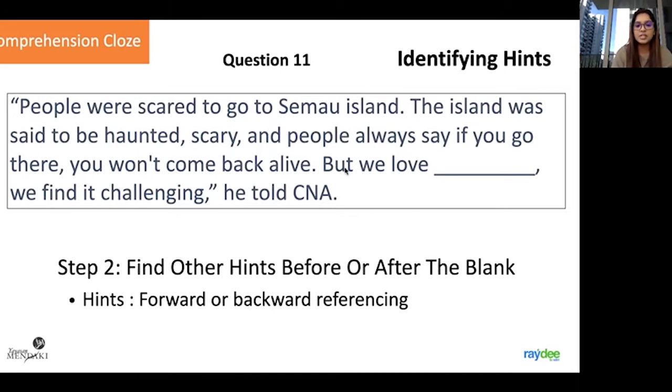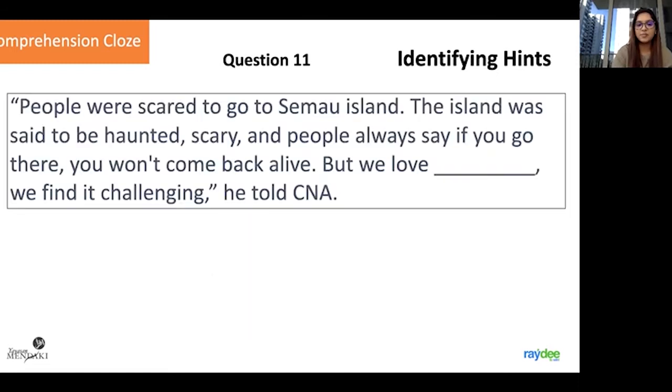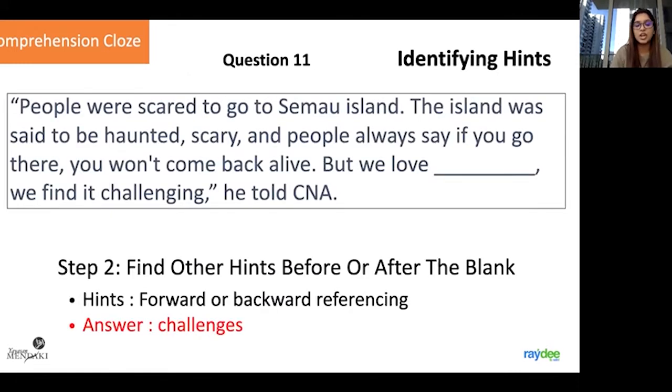So in this case, we tell the kids that, but we love challenges. Okay, we find it challenging because by going to this island, despite its bad reputation, there are going to be a lot of challenges. Okay, like for example, getting there, navigating your way in there.